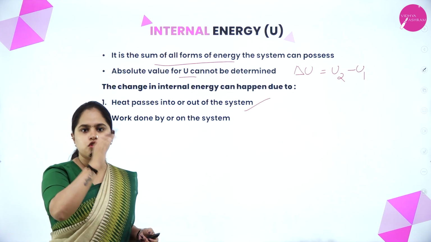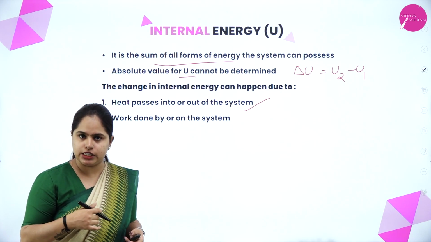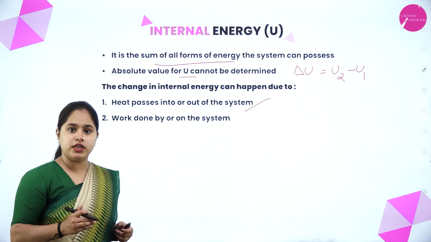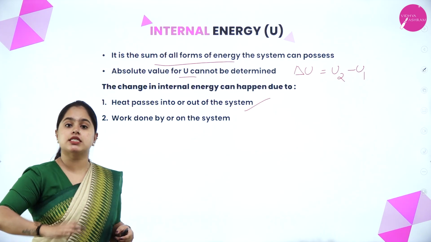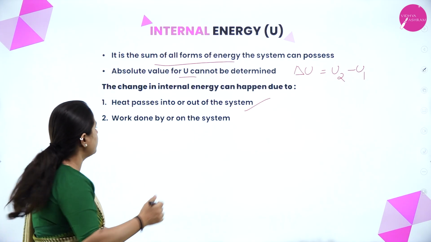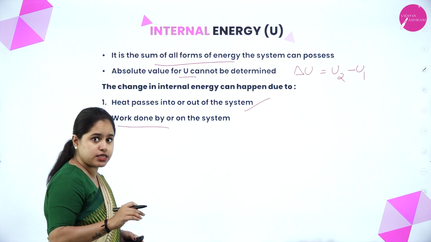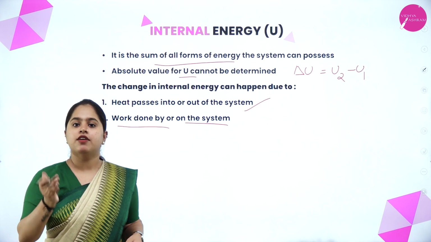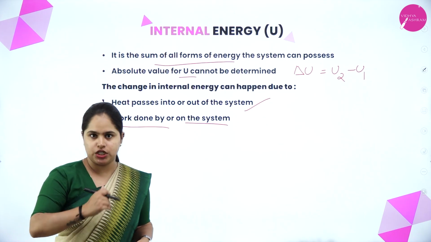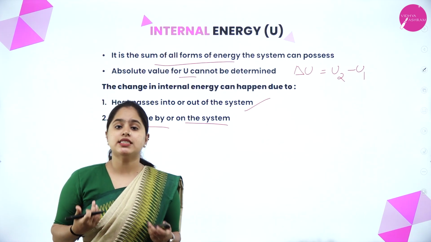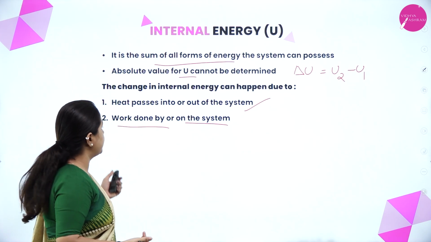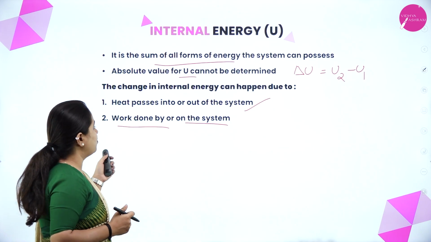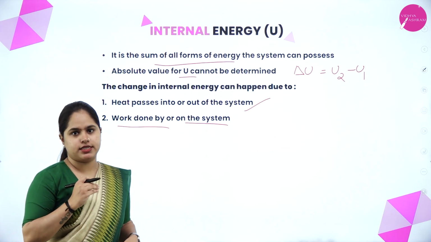And the second way is by doing work on the system, or the system doing work. So, work done by the system or work done on the system. Either way, we can bring a change in internal energy. So the internal energy varies either by the heat passage into or out of the system, or work done by or on the system, right?